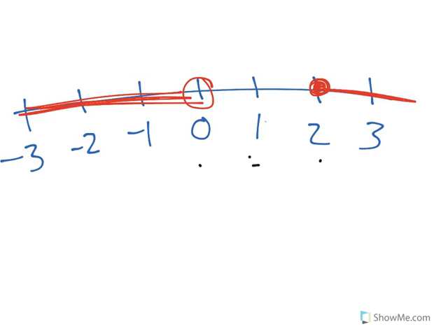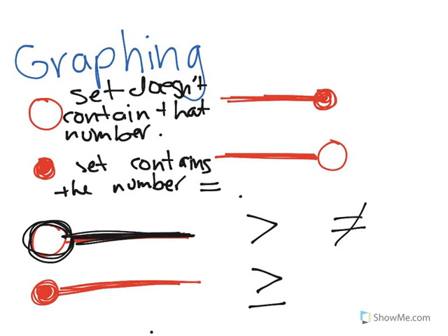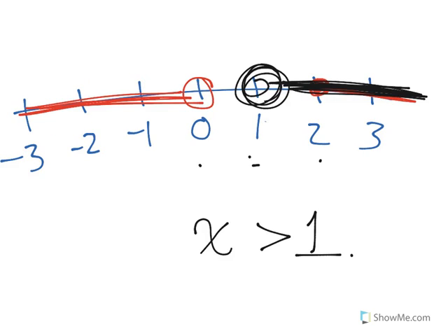So if we were to have this right here, this would mean that x, or whatever this black portion represents, x is greater than 1. However, if the circle is filled, now it means that it can be equal to 1, so x is greater than or equal to 1.